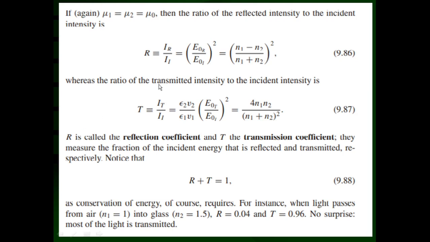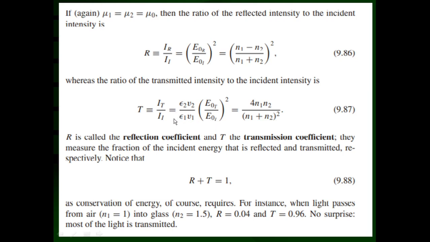Whereas for the ratio of the transmitted intensity to the incident intensity, mu1, epsilon 1 and V1 will be for medium 1, and epsilon 2 and V2 will be for medium 2. So the transmitted intensity IT is equal to 1 half epsilon 2 V2 E0T whole square, and similarly for the incident one, 1 half epsilon 1 V1 E0I whole square.